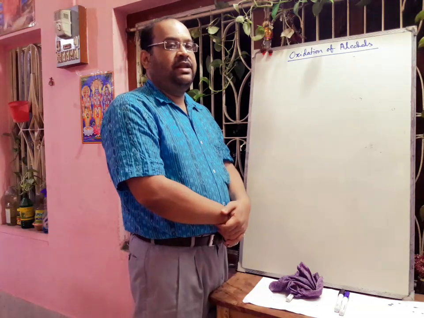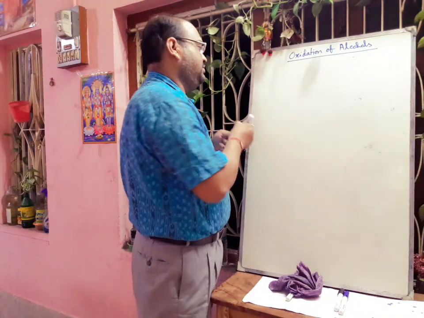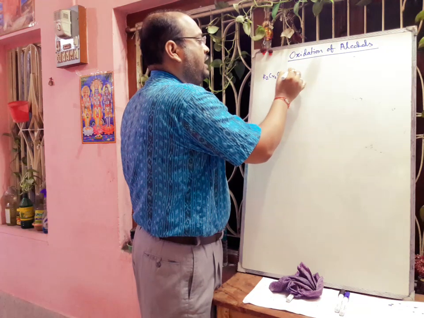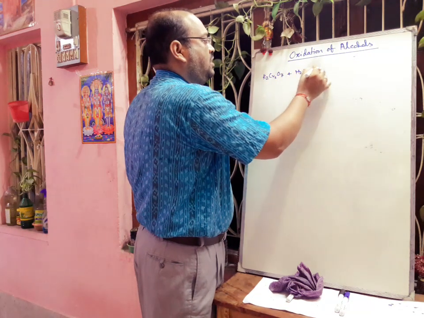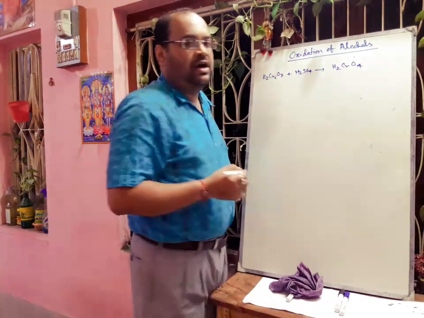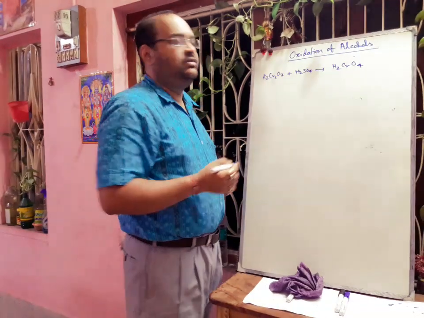Actually, whenever you are taking potassium dichromate, K2Cr2O7, it will react with sulfuric acid, forming chromic acid, H2CrO4. Now this chromic acid will react with the alcohol.